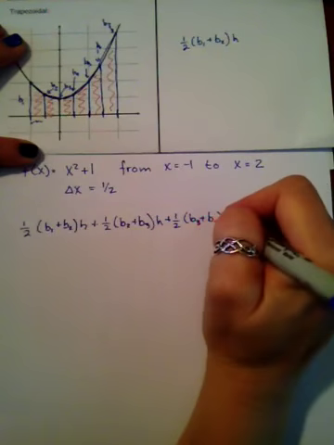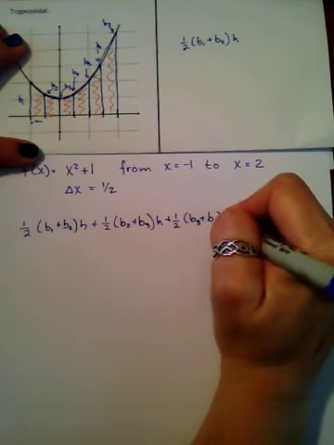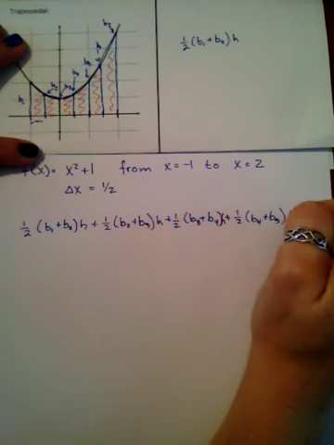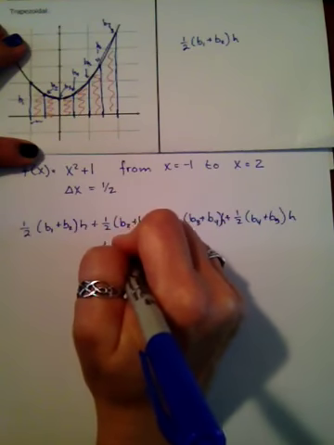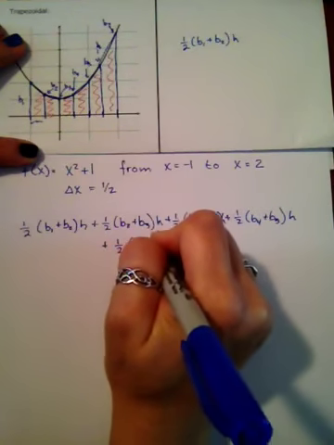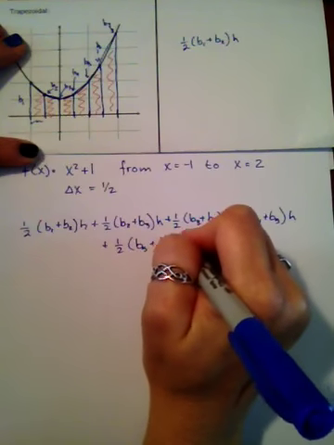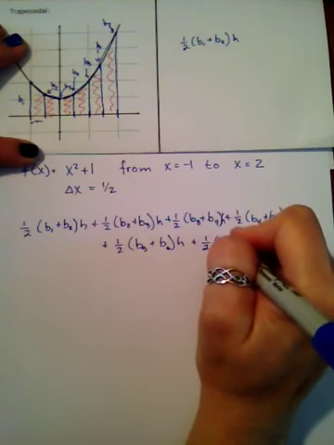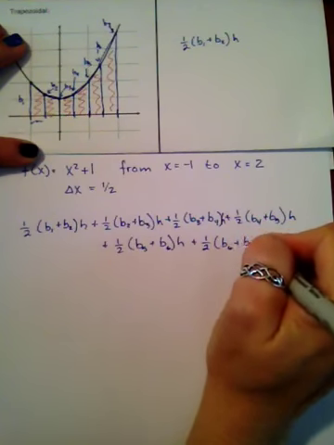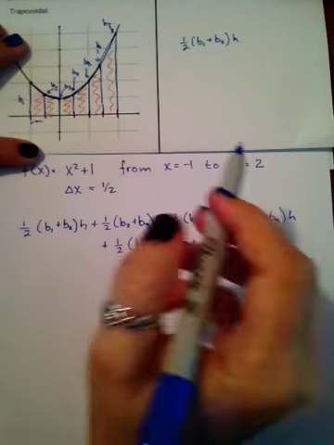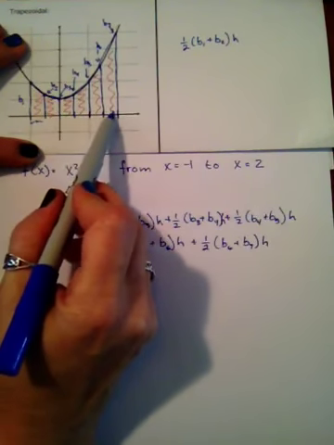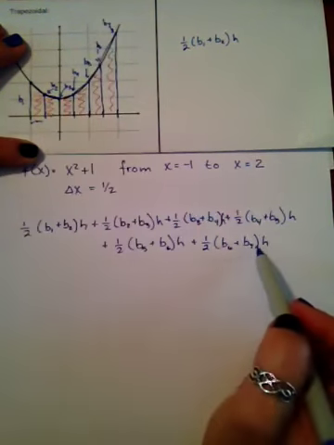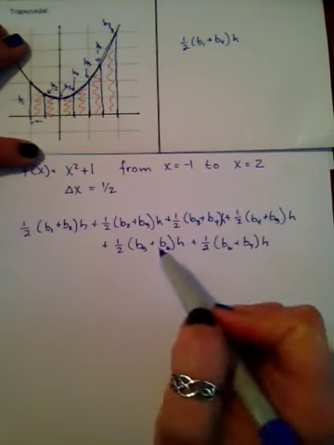For my next one, times the height, that's an h, I have b sub 4 plus b sub 5 times my height, plus 1/2 b sub 5 plus b sub 6 times the height, plus 1/2, and then my final trapezoid, b sub 6 plus b sub 7 times the height. Now that's 1, 2, 3, 4, 5, 6 trapezoids, but you'll see that there are b sub 1 through b sub 7, so don't be surprised when you see that.